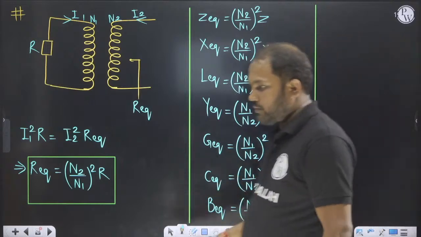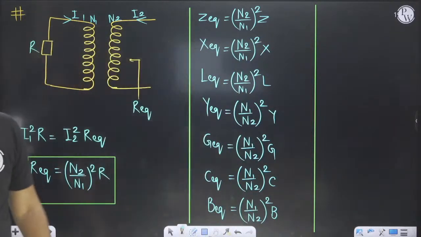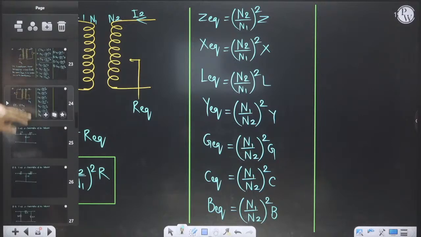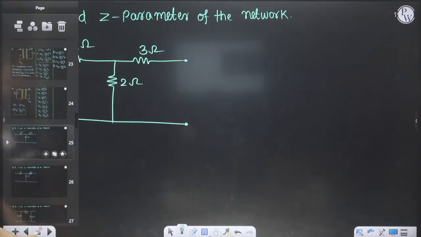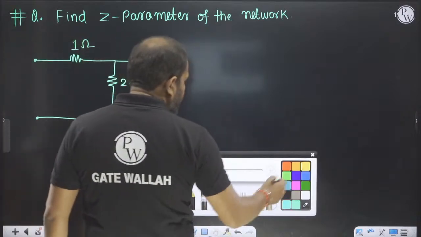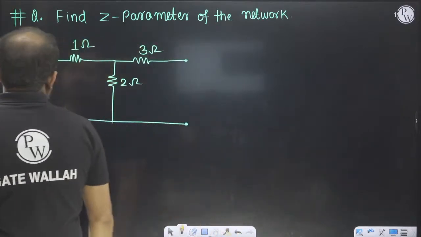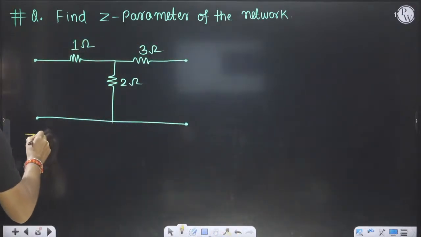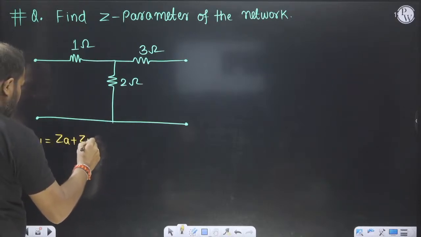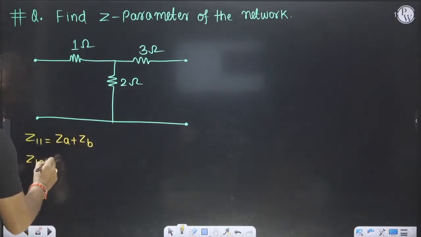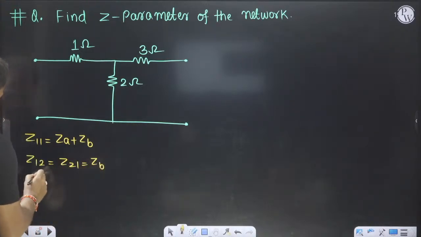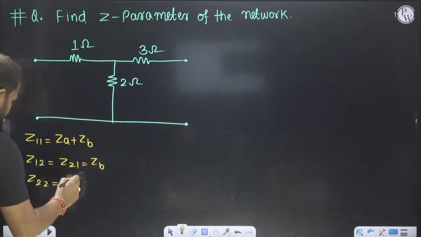So these are all the points regarding two-port network. We have studied everything about two-port network. Then one question, then we will go for question discussion. This is the first question. They are asking Z parameter. As we have studied, Z11 is equal to ZA plus ZB, Z12 and Z21 is equal to ZB, and Z22 is equal to ZB plus ZC.